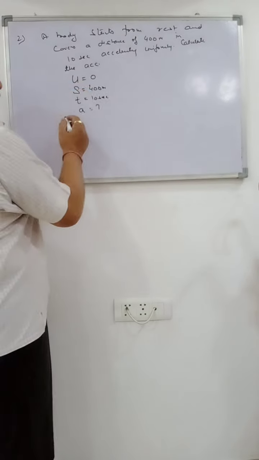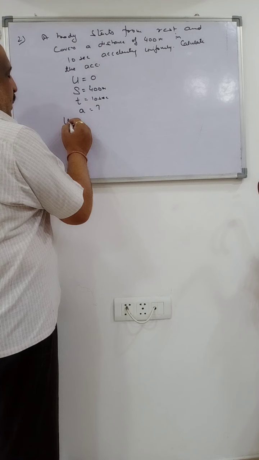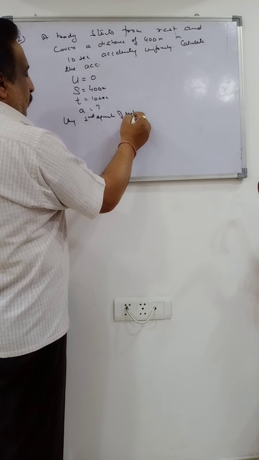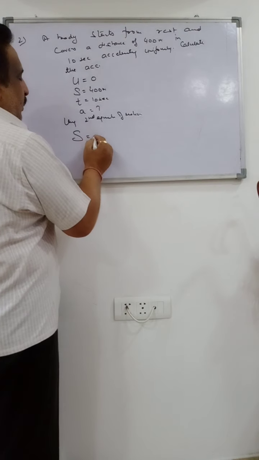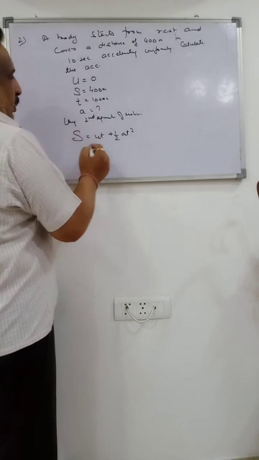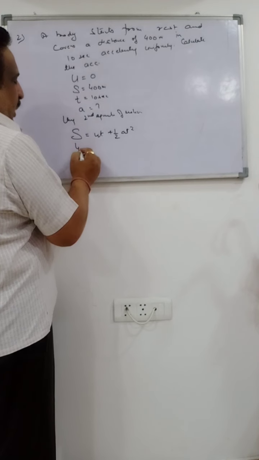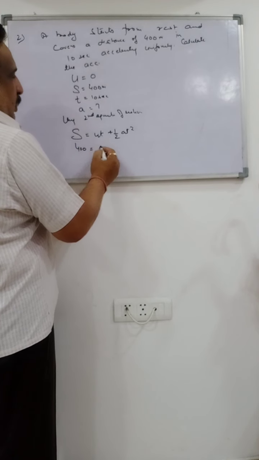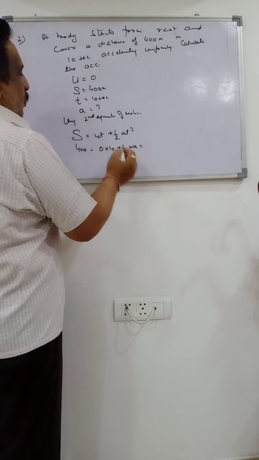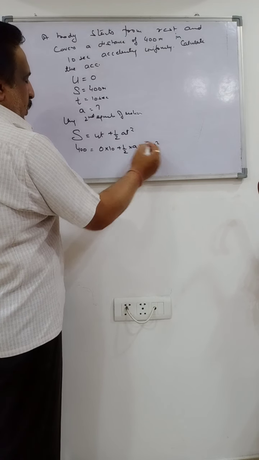So the equation used will be the second equation of motion, S is equal to UT plus half AT square. Now S is 400, am I right? U is 0 into time 10, plus half into A into T square, 10 square.